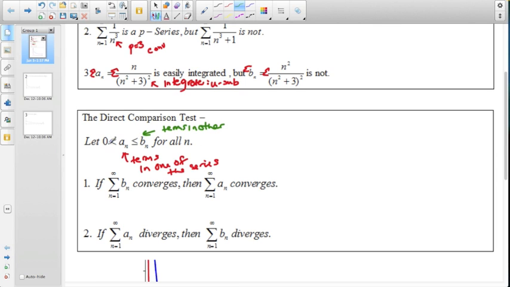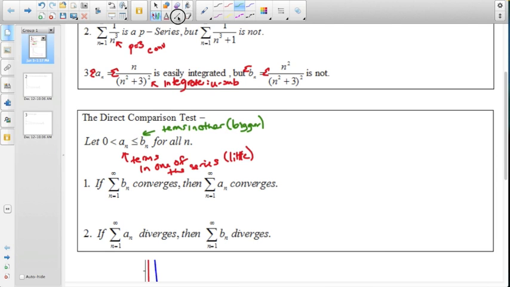If we look at this inequality, we're saying a sub n is bigger than 0, but is less than or equal to b sub n. So we look at a sub n as the littler of the two, and b sub n is the bigger of the two.